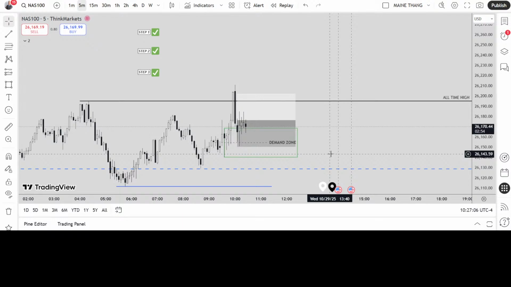Three minutes left on this 5-minute candle. Let's see if we get a bullish candle, y'all. If not, I might choke it early. It's taking way too long.